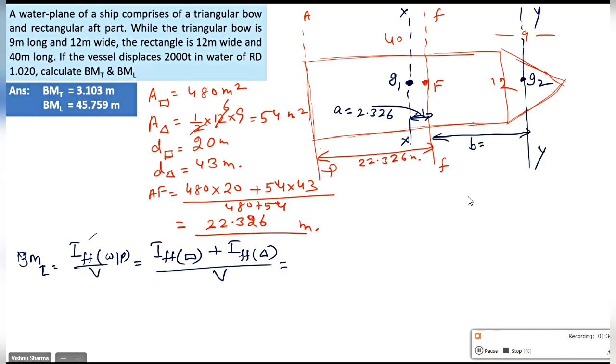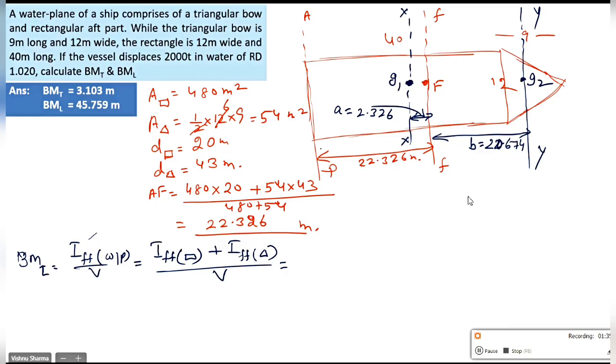This will be equal to 43 minus 22.326. That is 43, not 29. How much is it? 20.674, sir.